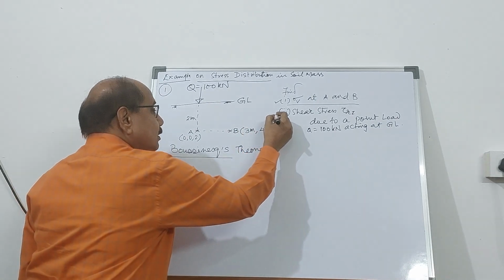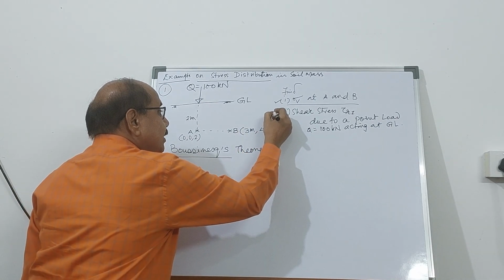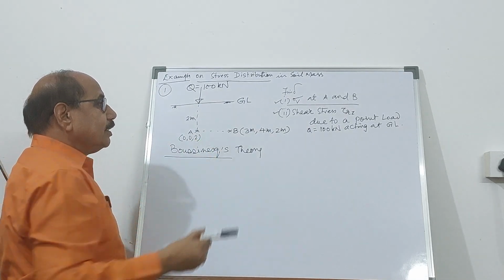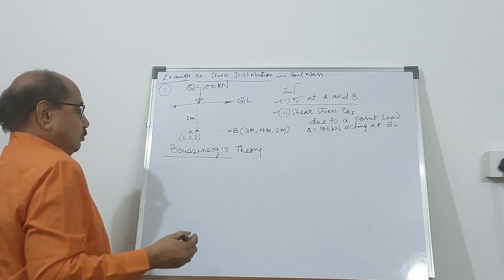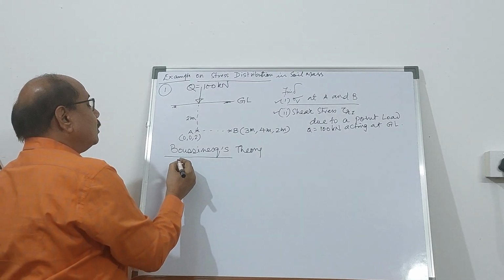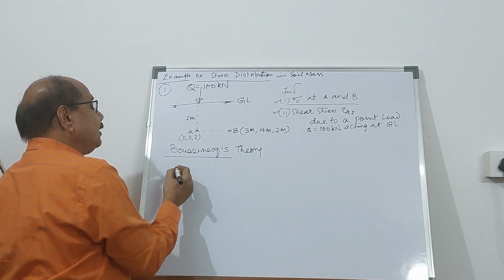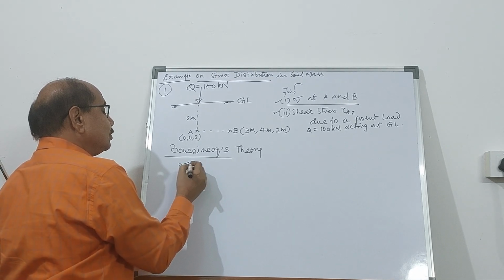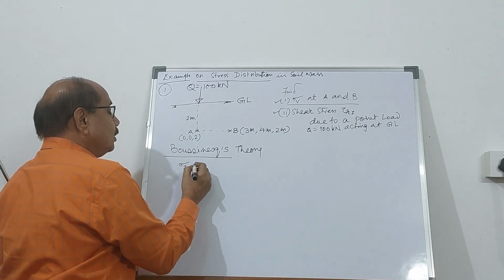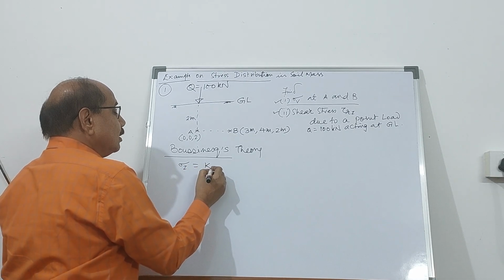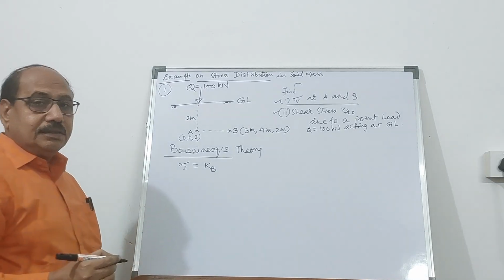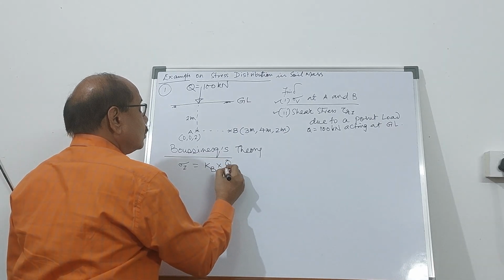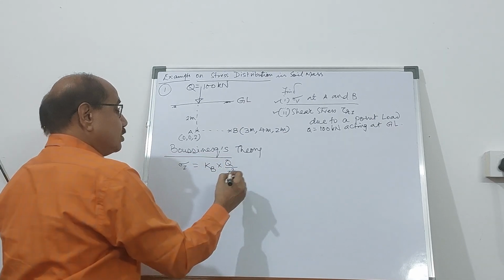Also we can apply Boussinesq theory to calculate the shear stress at both point A and B. So using this Boussinesq theory, you know that the vertical stress sigma z is given by a Boussinesq coefficient Kb multiplied by Q by Z square.